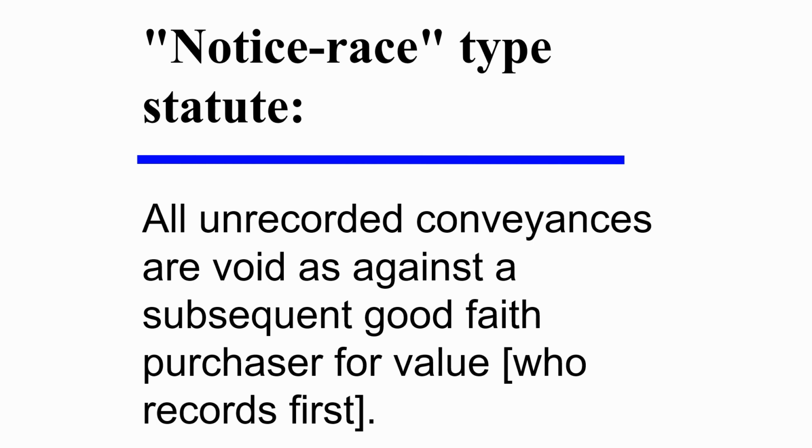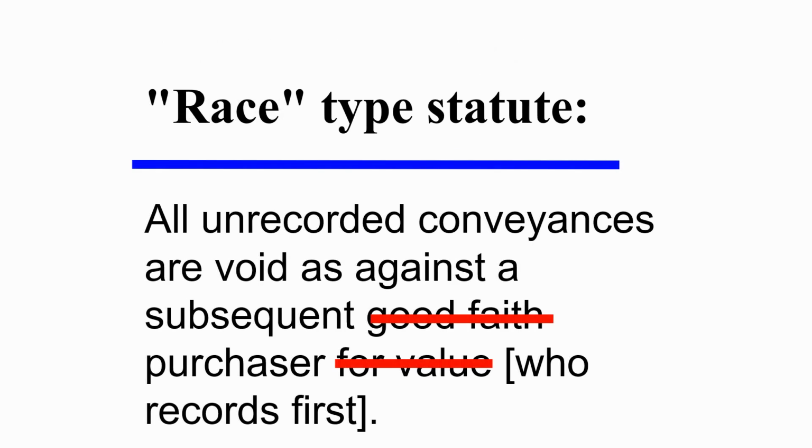Finally, suppose we wanted to change it to a pure race type statute. What would that look like? Well, we'd need to strike out the phrases "good faith" and "for value" so that the statute would simply read: all unrecorded conveyances are void as against a subsequent purchaser who records first. And there we have our pure race type statute.